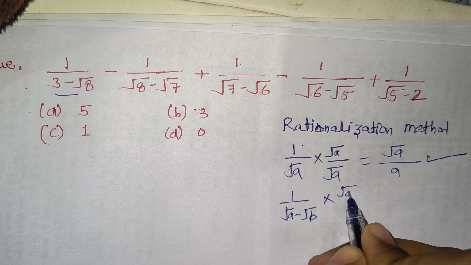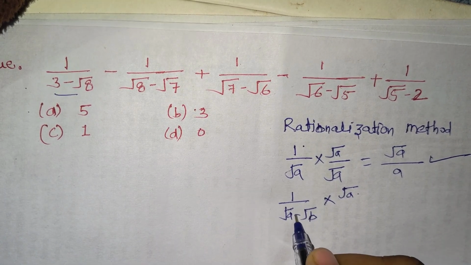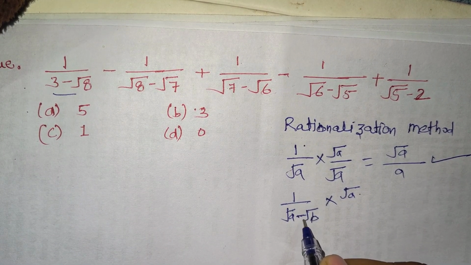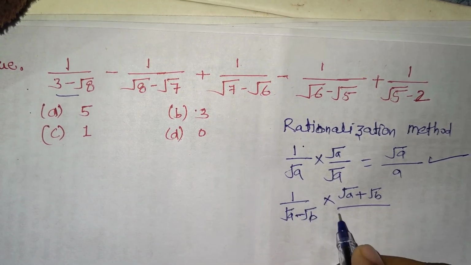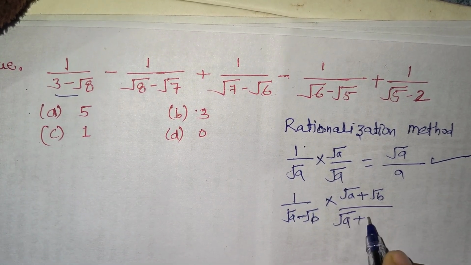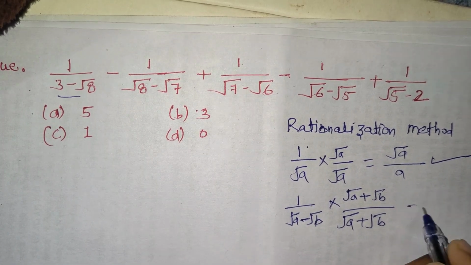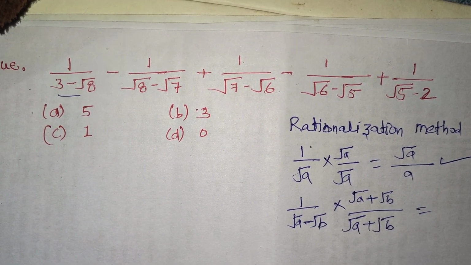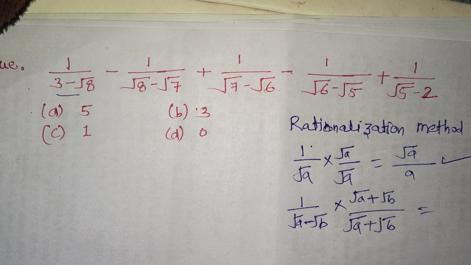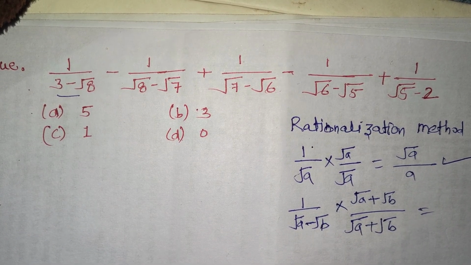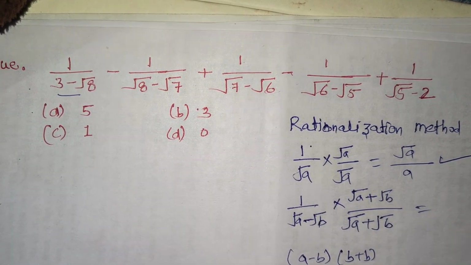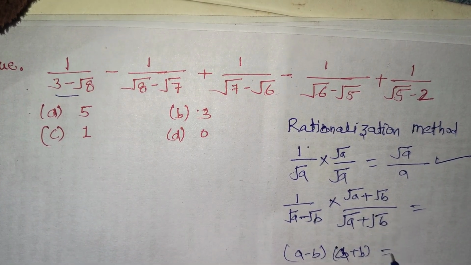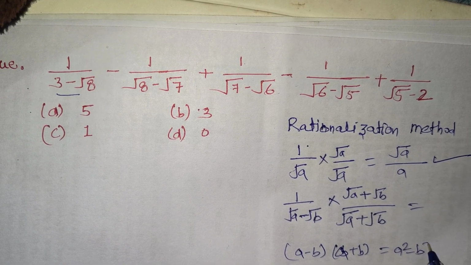1 upon root a minus root b, we have to change the sign, we have minus, then we put plus: root a plus root b upon root a plus root b. Now solve. We know the identity a minus b into a plus b equals a square minus b square.